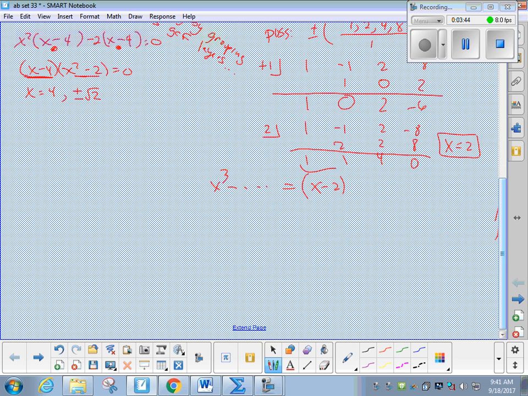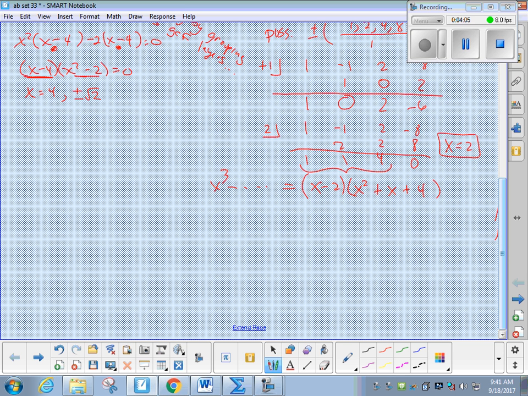This here is the quotient. When I divided x minus 2 out, that's what's left. Now if I had x cubed and I divided out x, then what's the power of what's left? X squared. It's 1 less. That's why we call it the depressed equation. It's decreased in power by 1.